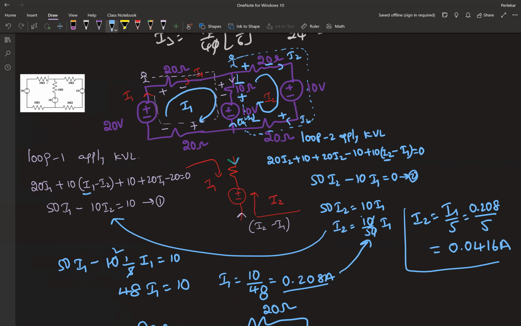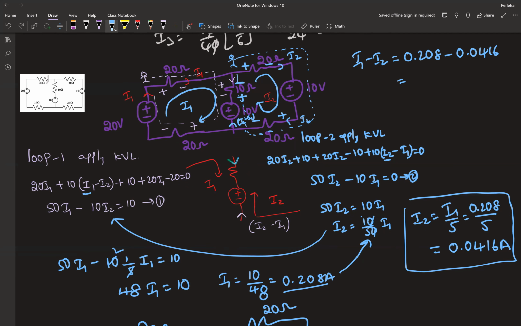Okay. So the current in the middle branch, we can choose I1 minus I2. If I take I1 minus I2, I1 is 0.208, I2 is 0.0416. So based on this, the current flowing in the middle branch is the subtraction.